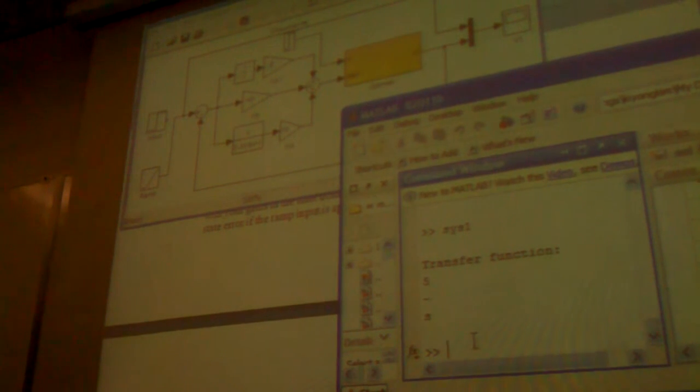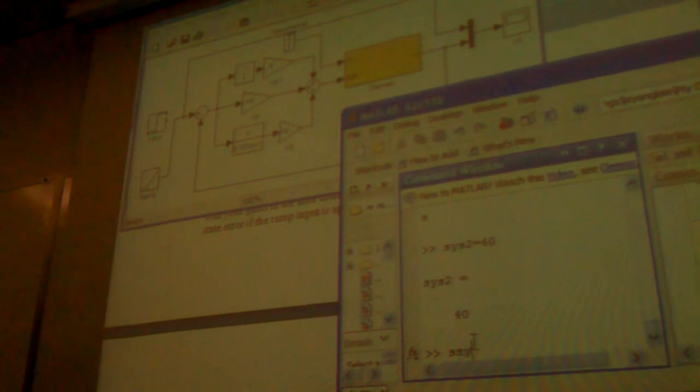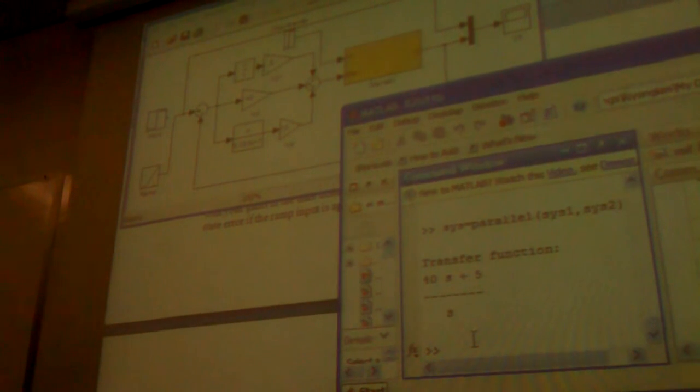This is a constant, so you add them together in parallel. So there will be 40 plus 5 over s, right?